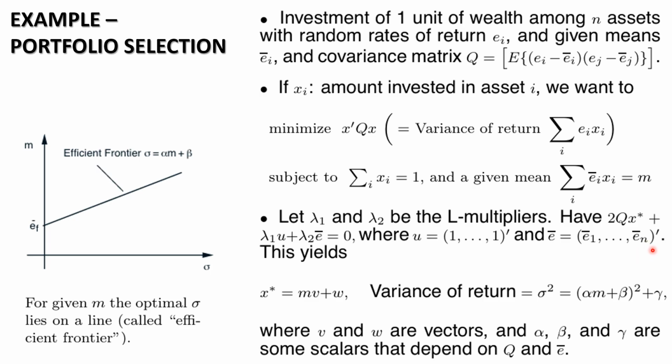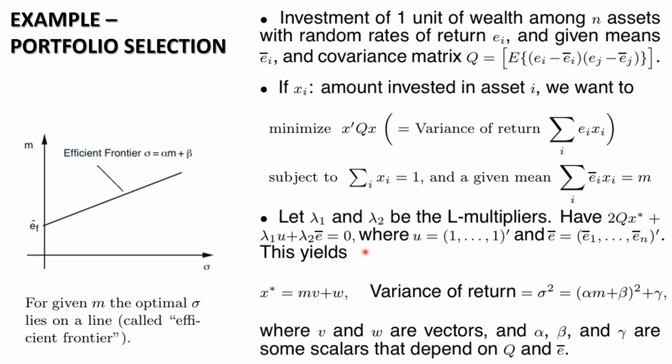Then the first-order optimality condition is that the gradient of the Lagrangian equals 0, so 2Q x star plus lambda 1 u plus lambda 2 e bar equals 0. This is a linear system in x star, involving the matrix Q and the vectors u and e bar.